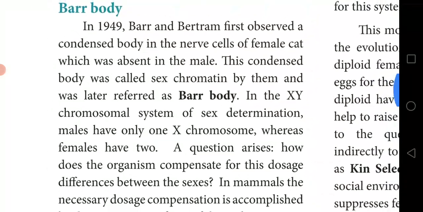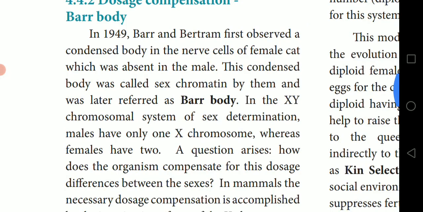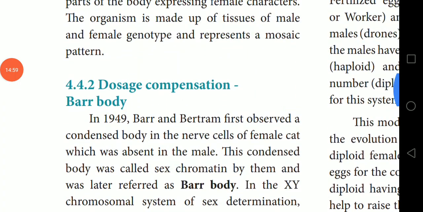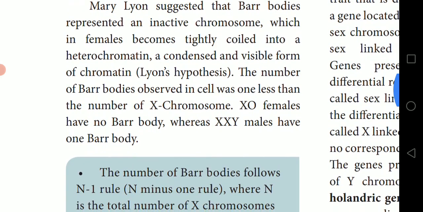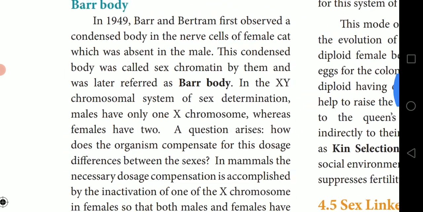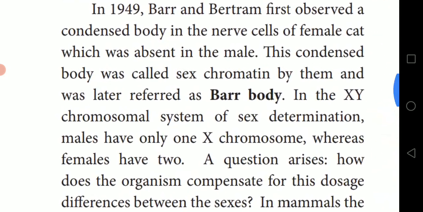This is very important and easy. If you just listen to this class, you can understand easily. If you have any doubt, you can contact me. So today we have completed dosage compensation. Very, very important. Go through it today itself, and you should know the size of the Y chromosome and the size of the X chromosome.